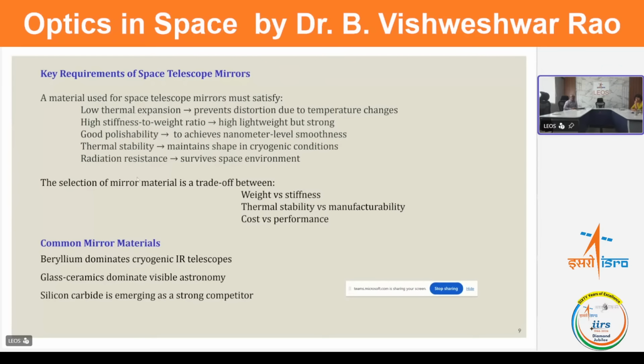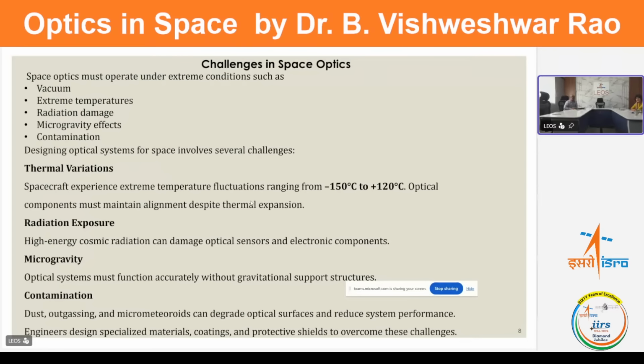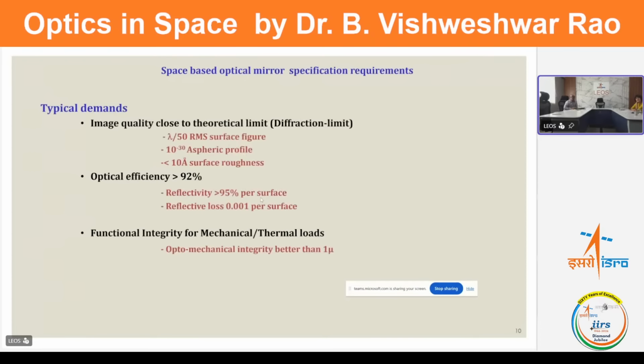Generally, good polishability is needed: not all materials can be used for making mirrors to achieve nanometer-level smoothness. So we need good polishability of the glasses we are using, and thermal stability to maintain cryogenic temperatures. Even at lower temperatures, the optical surfaces should not degrade. The same goes for radiation resistance. So what parameters will we take? Weight.